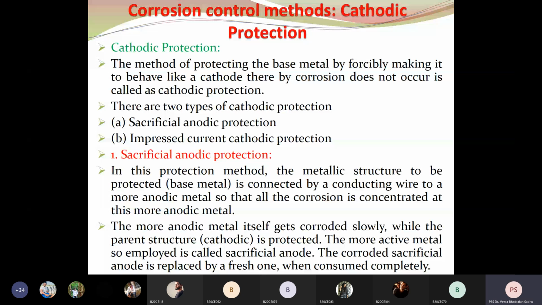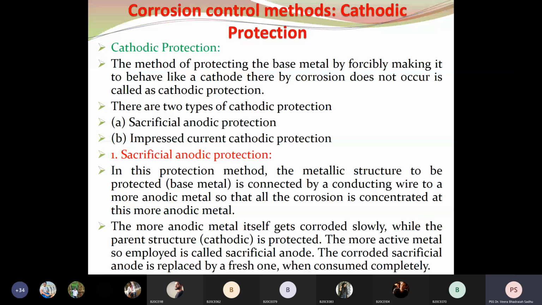In this method, the metal is protected by connecting it with a conducting wire to a more anodic metal.